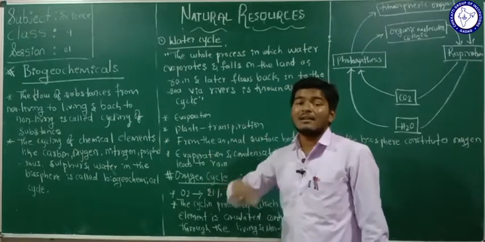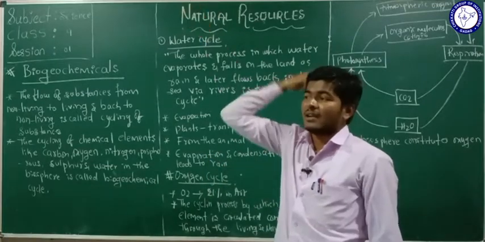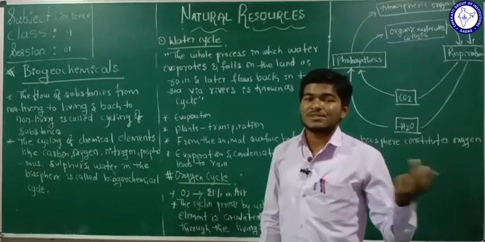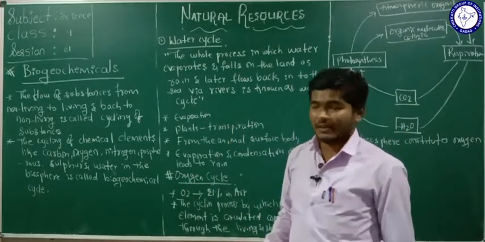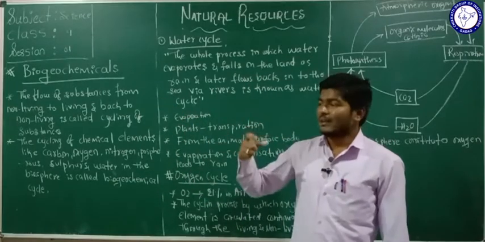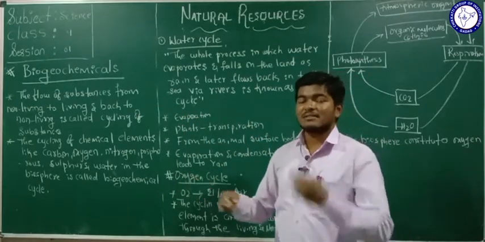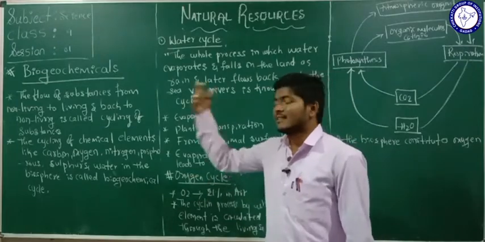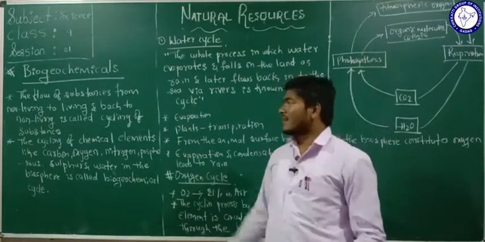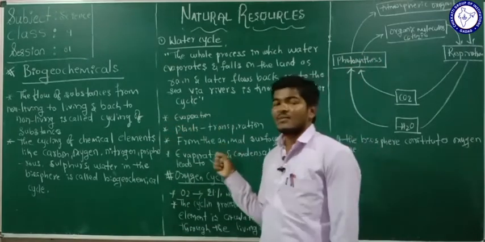Again it is released to the atmosphere as carbon dioxide, by plants during photosynthesis and by animals in the respiration process, isn't it? Such a flow of chemicals from non-living things to living things and back to non-living things is known as the cycling of substances.